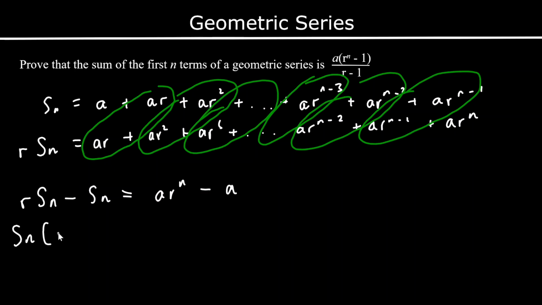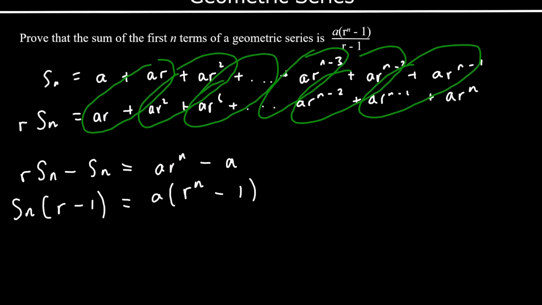So Sn times r minus 1 equals a times r to the power of n minus 1. And then to get the sum by itself, divide both sides by r minus 1. So Sn equals a times r to the power of n minus 1 all over r minus 1.